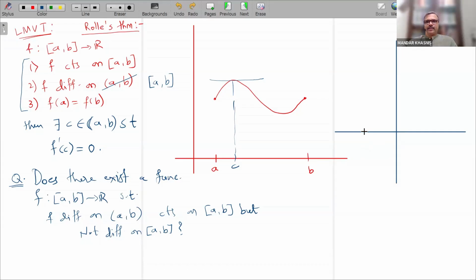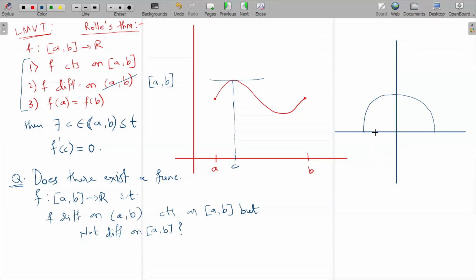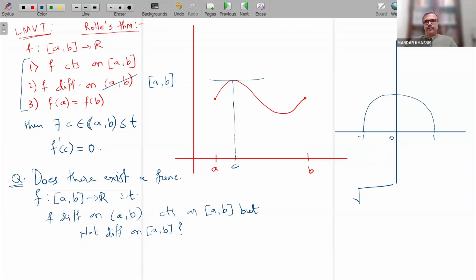So I'll draw a picture. Something like this. What is the tangent at this point? Of course, my drawing is not that nice, but it is the upper half of a circle, root of 1 minus x square between -1 and 1. What is the derivative?